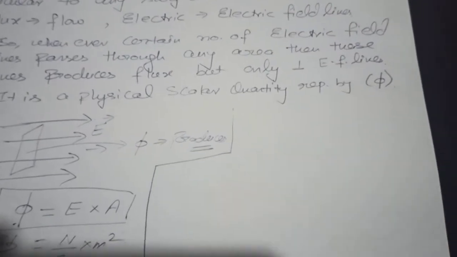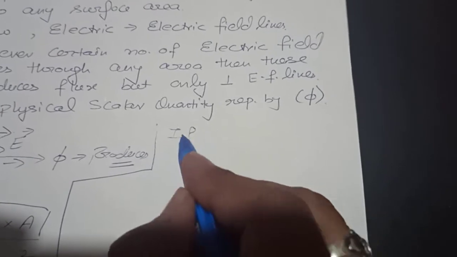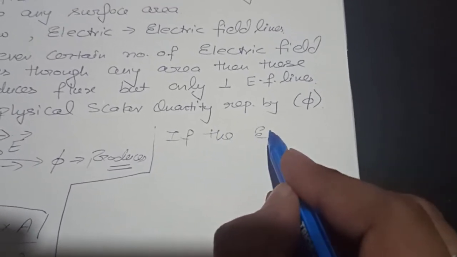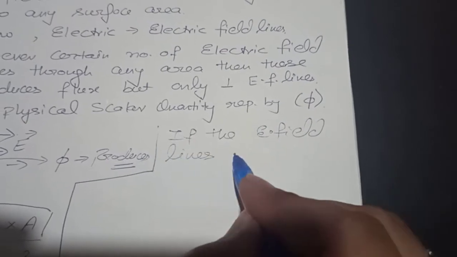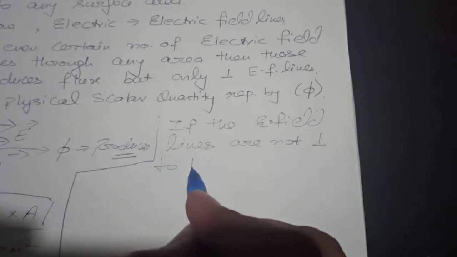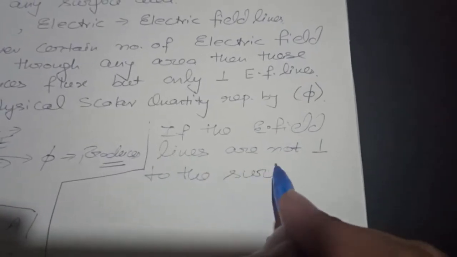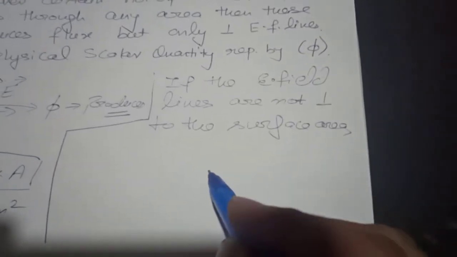Now another condition is that if the electric field lines are not perpendicular to the surface area. This is the diagram.